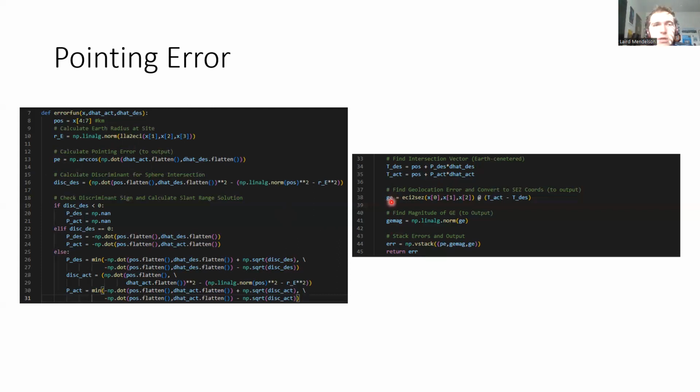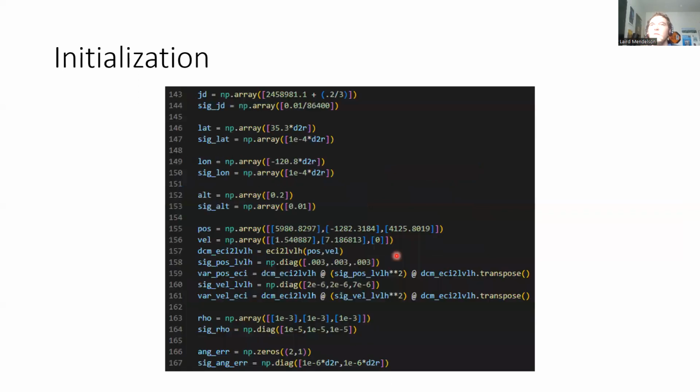Yeah, so lastly here in the code, we got to talk about the way we're initializing the simulation. So we are given all of these true values and then the standard deviations.